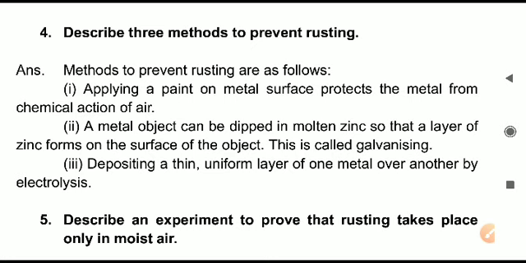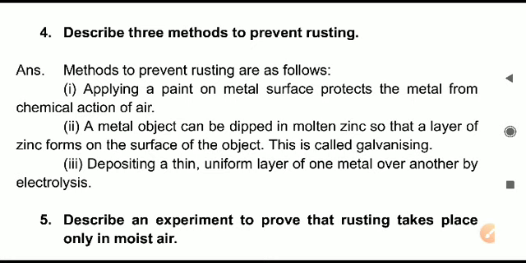This zinc will deposit all over the iron object, and hence zinc will protect the iron from the chemical action of the outside air, and now rusting will not take place on that object. Originally the object is made of iron, and zinc forms an outer layer so that rusting will not take place. Second point we have seen.